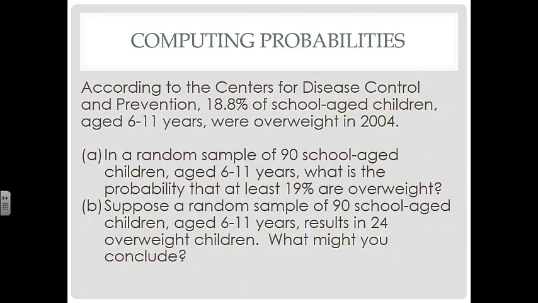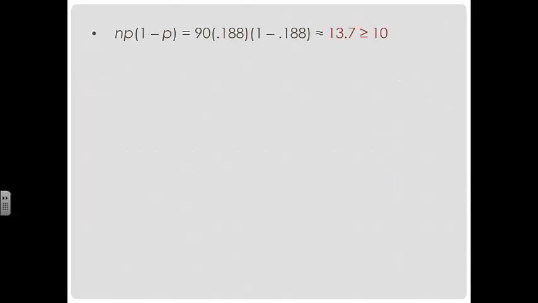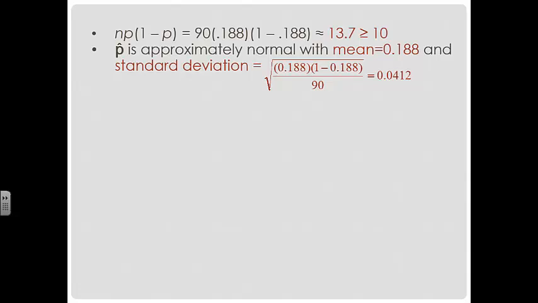And then we're going to look at a random sample of 90, and the random sample gave us 24 overweight children, so then we're going to determine what we might conclude. All right, so the first problem, we make sure that we have a normal distribution, which we do, and we know that our mean is 0.188, because that was the population proportion given to us in the original problem. And then we find our standard deviation, which was 0.0412.